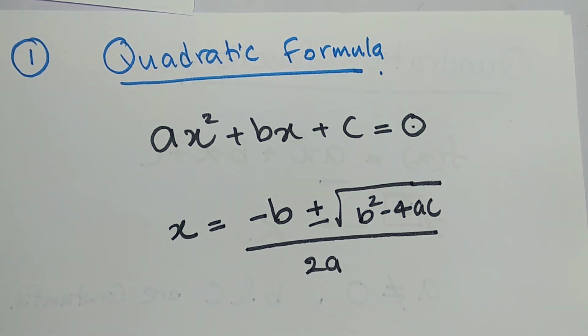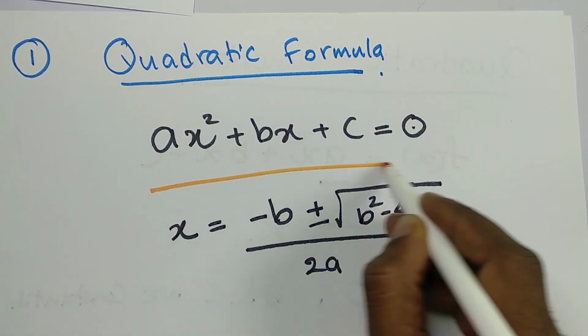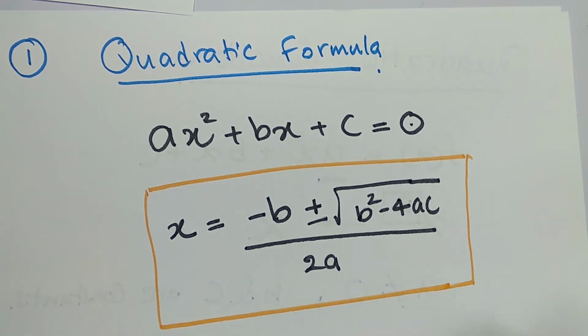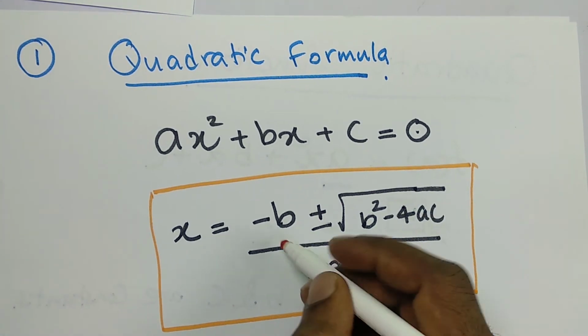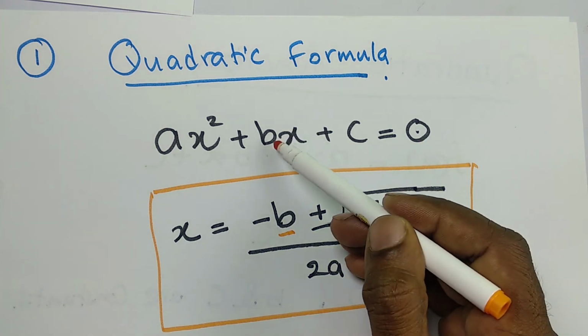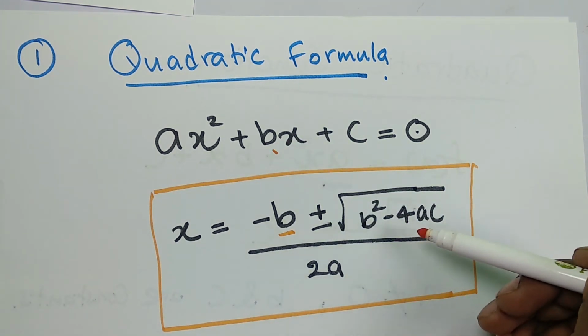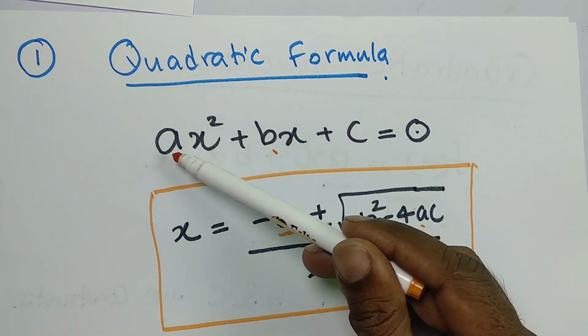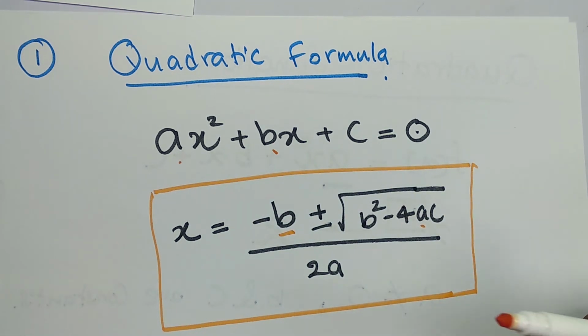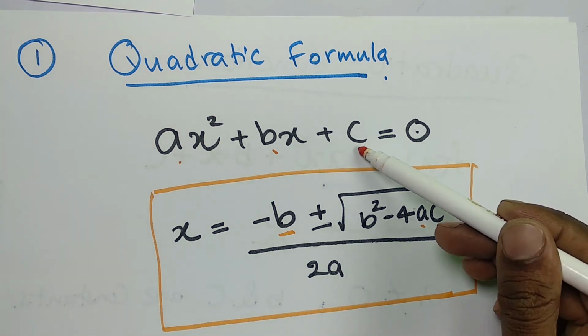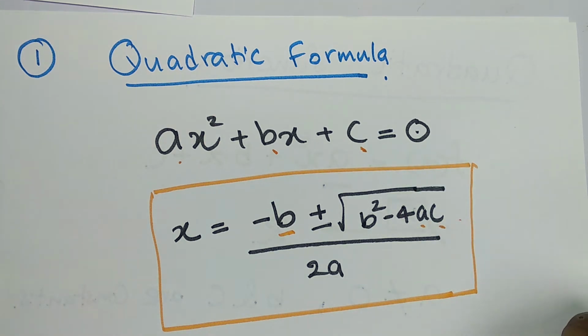This is known as the formula to find the roots of a quadratic function. This b is taken from the b value of the equation. This a is taken from the a value of the equation. Also c is coming from the c value of the equation.